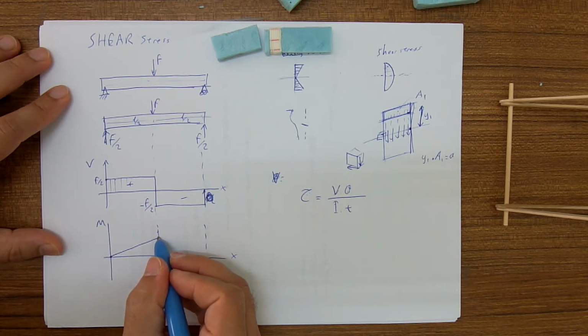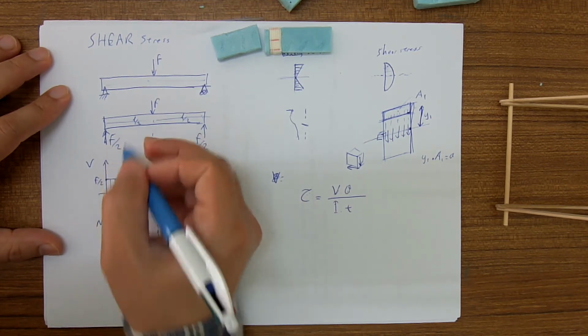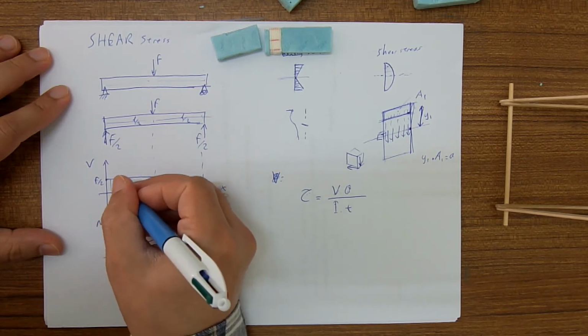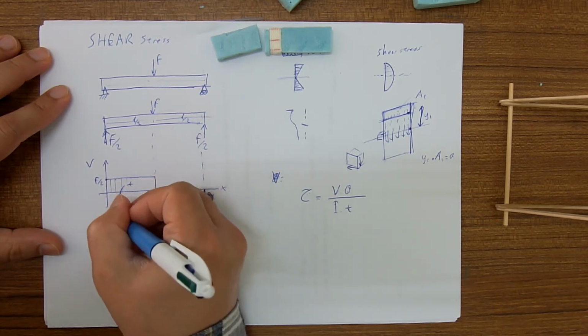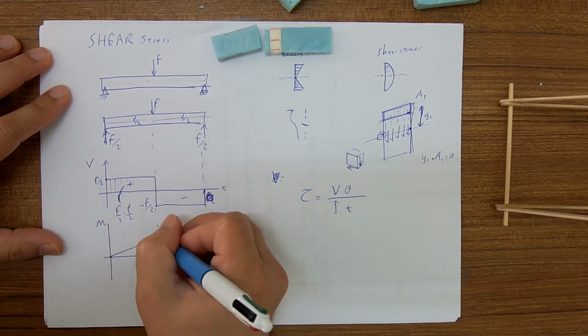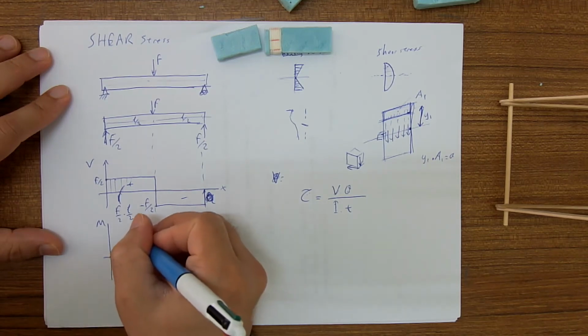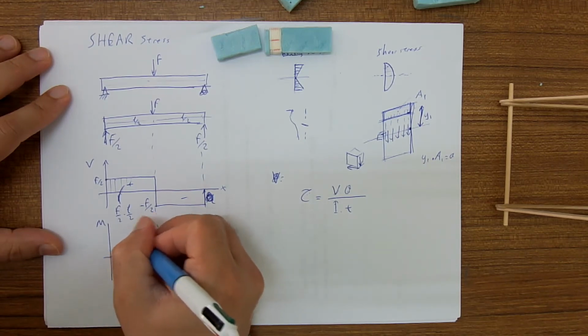and the magnitude of the moment is F over 2 times L over 2. So this one is F over 2 times L over 2. So the moment here is F times L over 4.